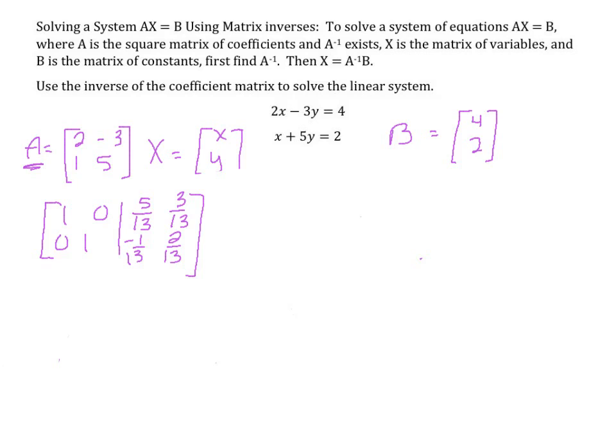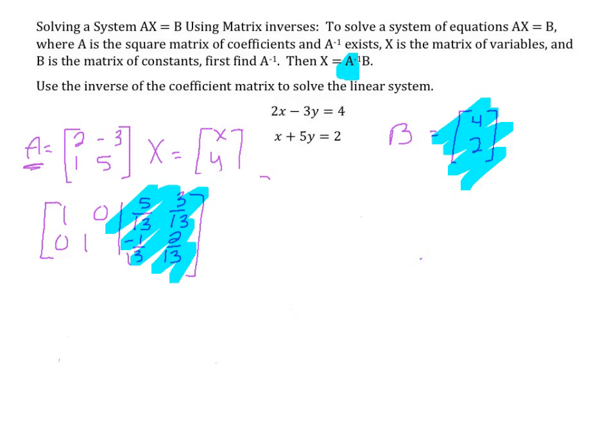So now that we've got our inverse, we've done this portion. So now we can take our inverse and multiply it by B, so we can determine what X is.